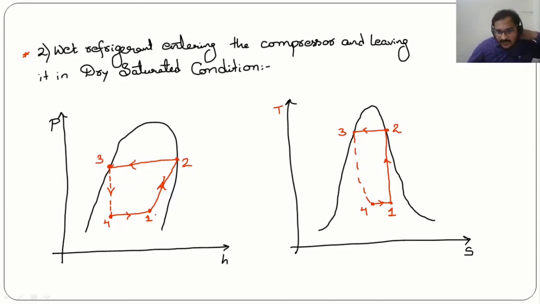But if you observe here, in this case and in the previous case, suppose we put point 1 as same in both the cases, that means the refrigerant entering the compressor in condition 1 and condition 2 are same, then the amount of work input that is required in this particular case will be higher. As a result of more work input, the COP will reduce in this case.